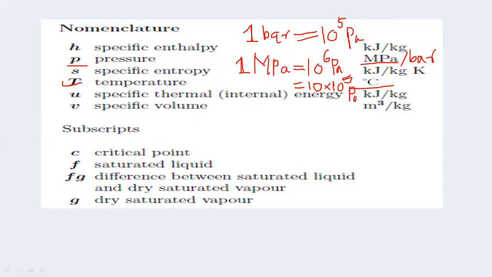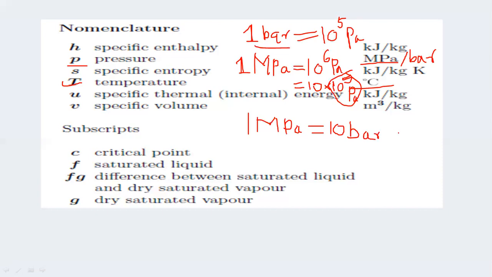And 10 raised to 5 Pascal, which we have already written here, is 1 bar. So 1 megapascal is equal to 10 bar. This is the conversion you need to remember.